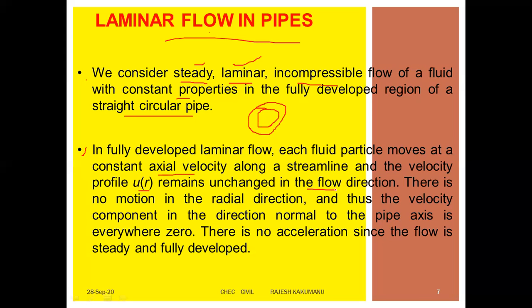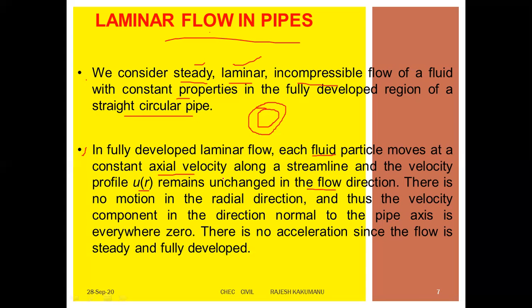How do we say fully developed laminar flow? Whenever the fluid has constant properties that do not change, and it is moving in a straight circular pipe, we call it a fully developed laminar flow.